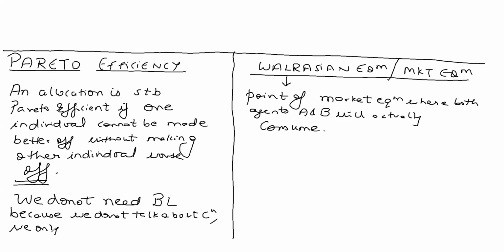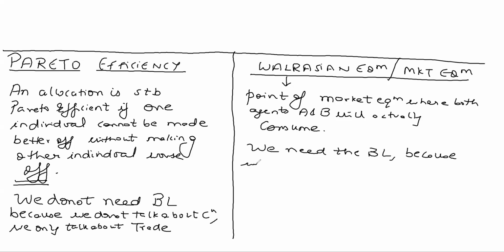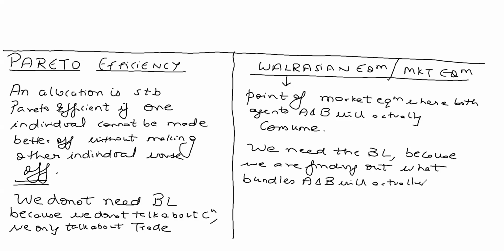We only talk about trade. But in Walrasian equilibrium, we need the budget line because we are finding out what bundles A and B will actually consume.